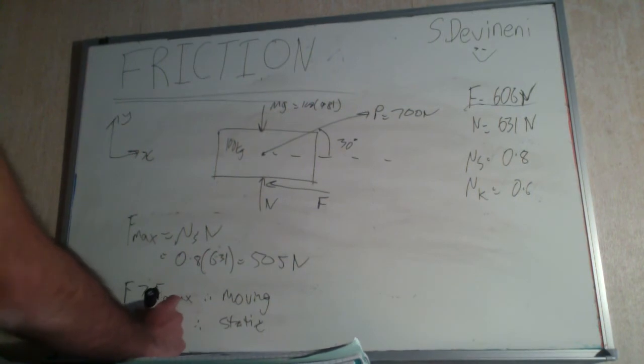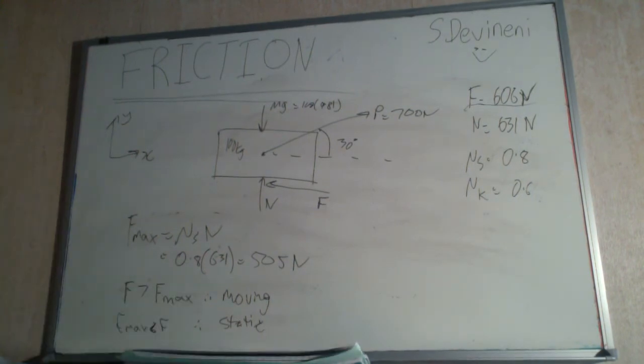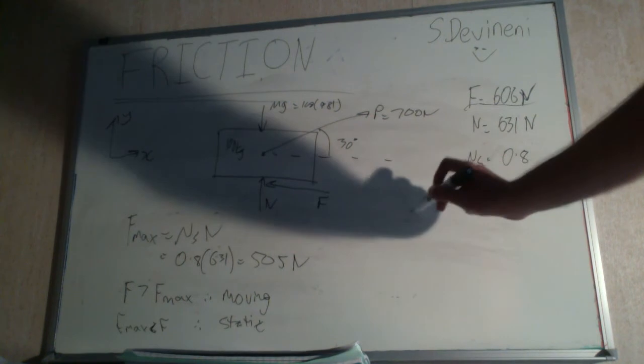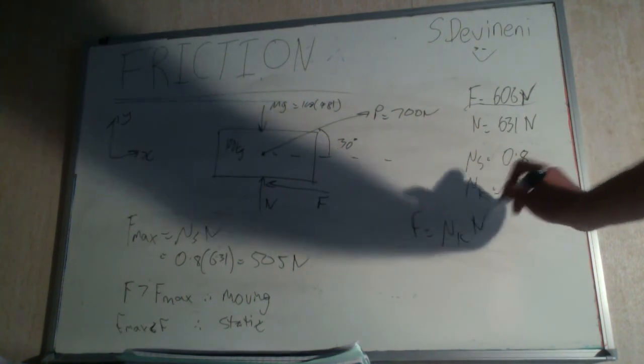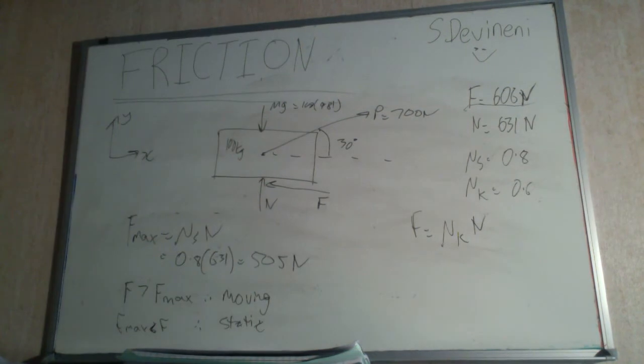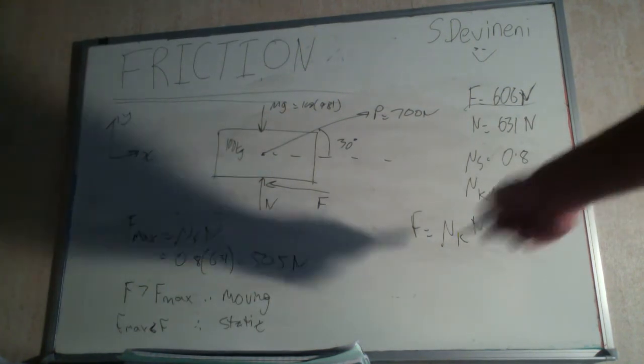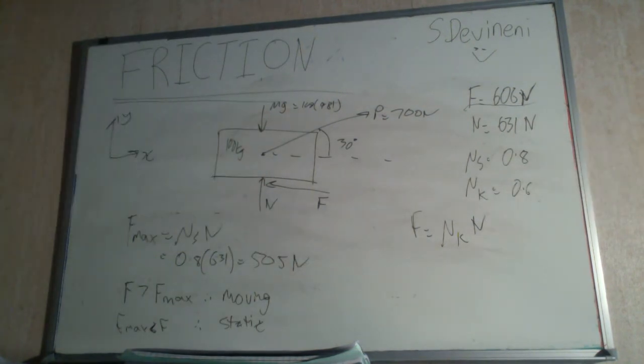So what do we do then? Okay, we use the formula F equals mu k N to find the frictional force. And remember, mu k is the coefficient of friction when the body is moving.